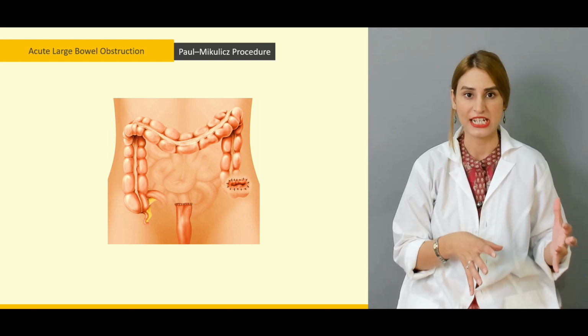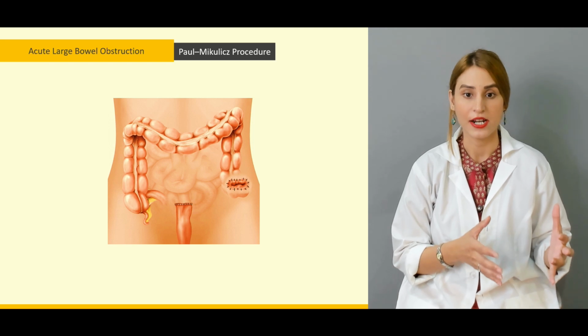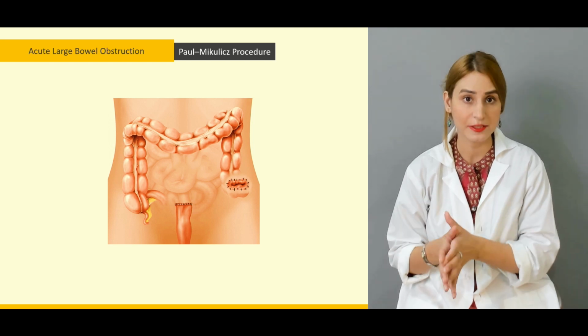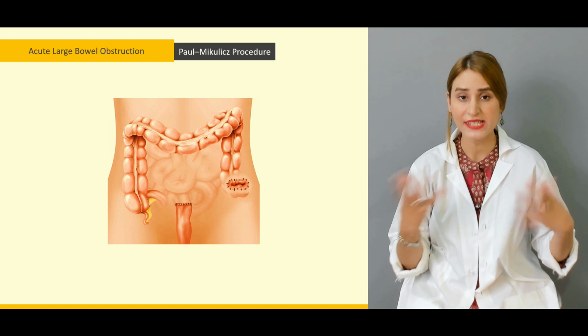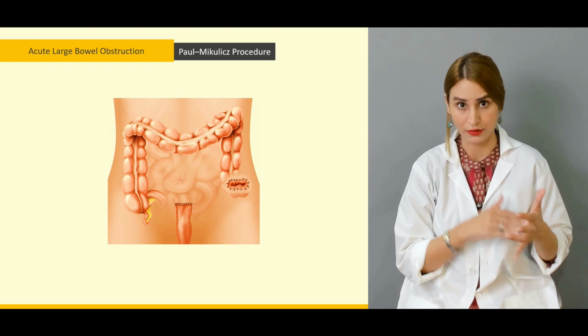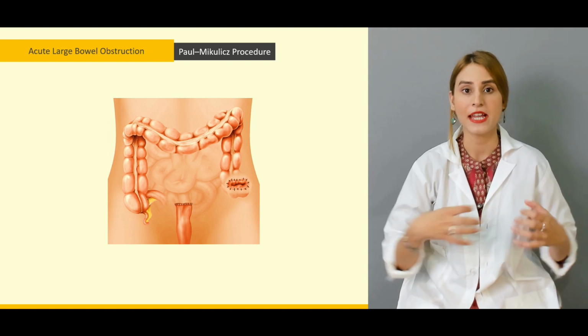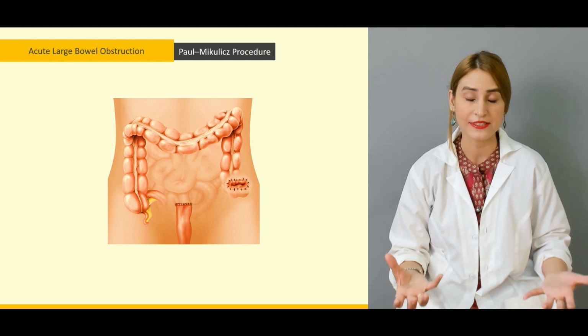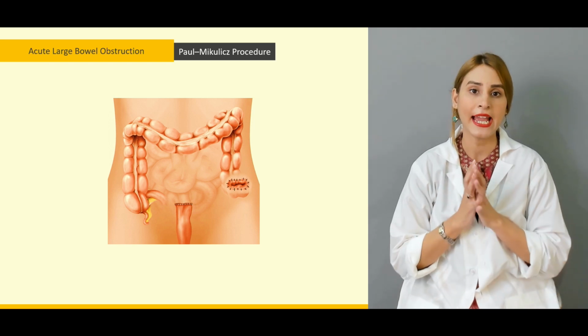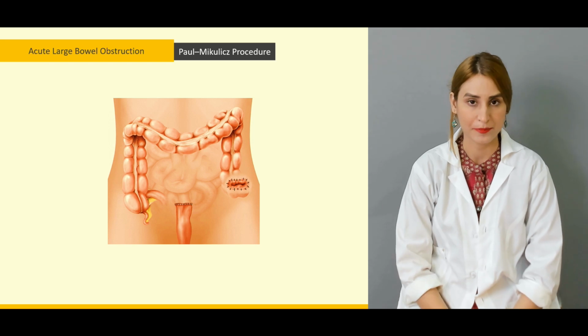So that was the Hartmann procedure. But in Paul-Mikulicz's procedure, you resect the segment, and the proximal and the distal, both of them are brought out as two colostomies. And this is the Paul-Mikulicz procedure.